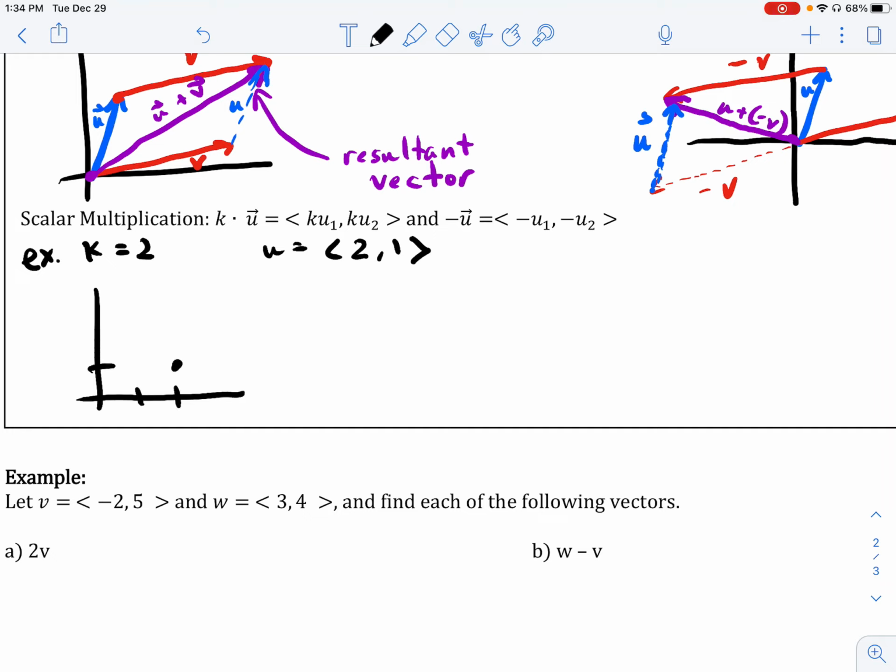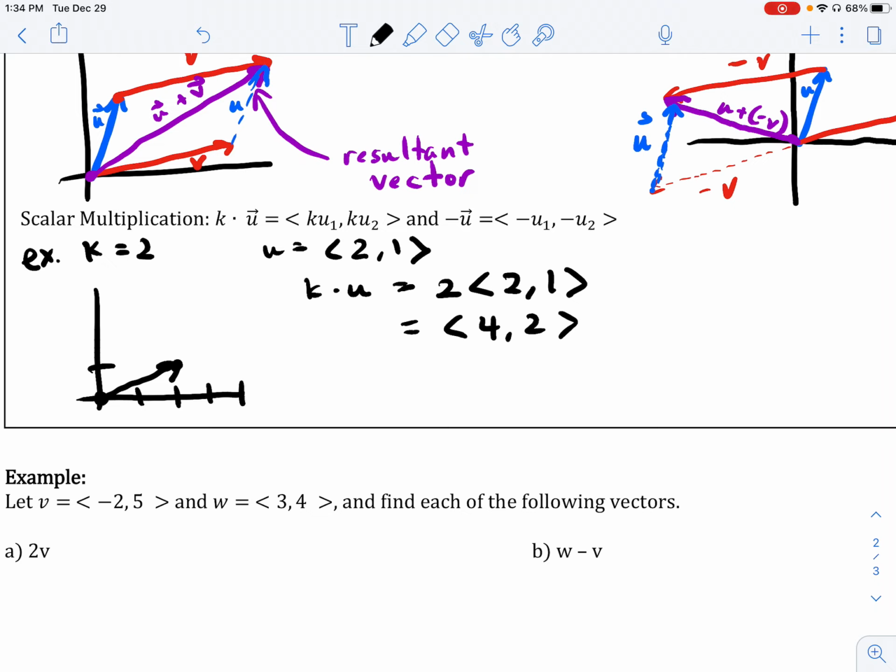Its initial point is at the origin, with an x value of 2 and a y value of 1. If k were equal to 2, then think about what that looks like. k times u would be equal to 2 times 2, 1. And all you're doing is just distributing that 2 to each one of those components. So k times u would simply give you this resulting vector, 4, 2.